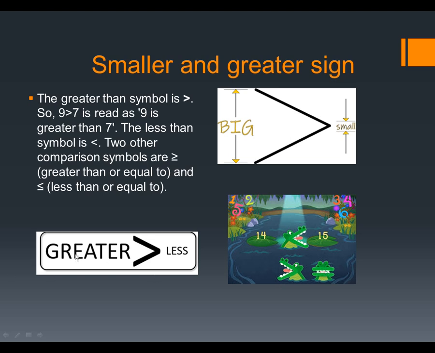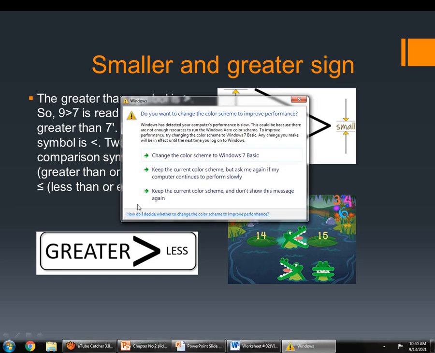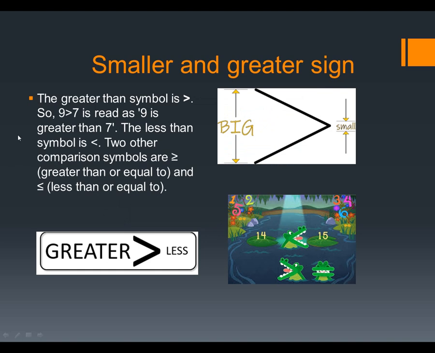You can also see in this diagram, the number that will be on this side and this sign will be here, then it means greater, and here is less. The greater than symbol is this, so 9 is greater than 7 is read as 9 is greater than 7.